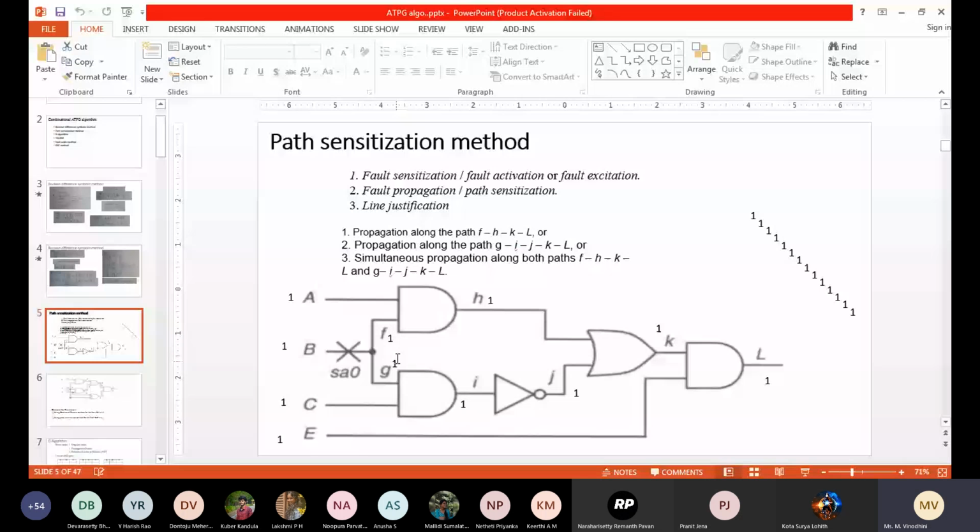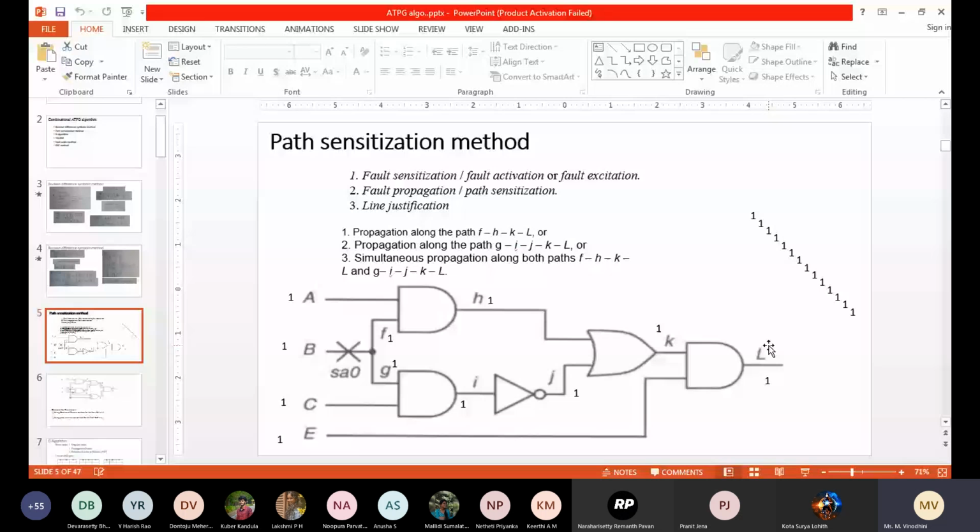Suppose a fault is present at C, the primary input. How many paths are there? Only one: C, I, J, K, L. If it is at A, also only one.